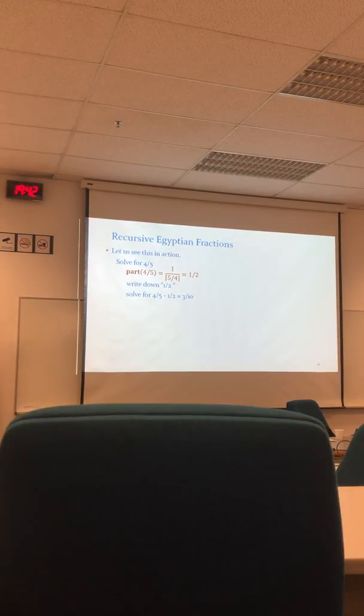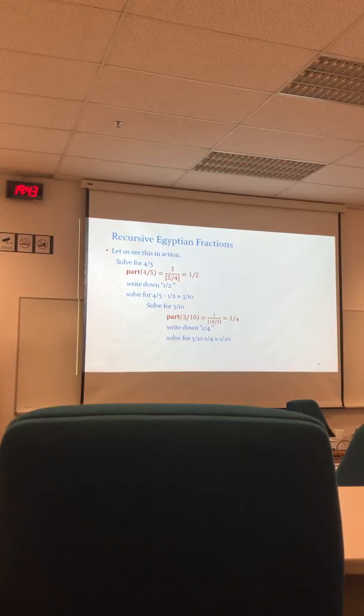So now the second step, we will find the Egyptian fraction for this one. That means we execute the same algorithm again. Okay? Instead of solving the original, we solve this subproblem. So continue. What we must do is to find part f: apply the formula, substitute into the formula.